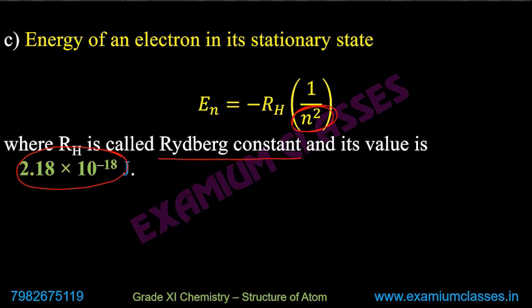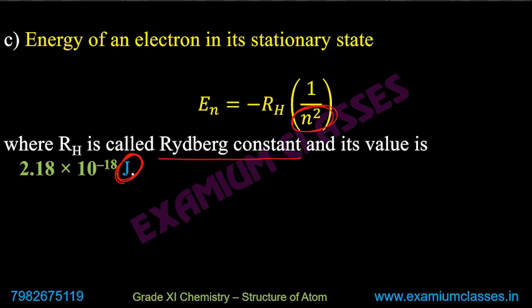But the RH value of 109677 per centimeter, that is for wavelength, because the unit has changed. Here it is in joules. So depending on which unit the value of R is written in, you will use it accordingly, whether you are calculating energy in joules or calculating wave number.